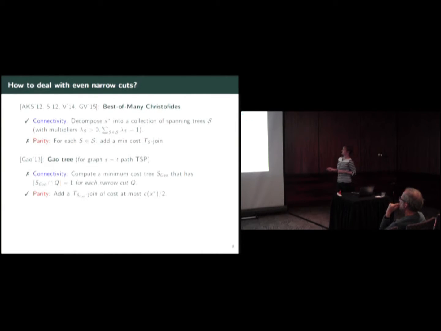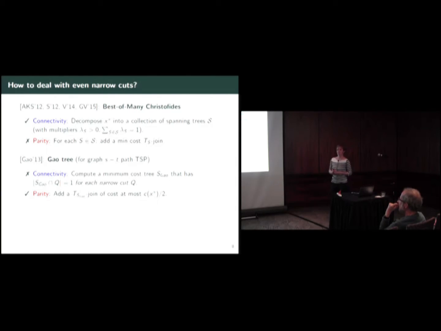And so it's not always a problem that you have a deficit. So they show that then you can correct parity using x star over 2 plus a little bit more. So they don't quite show that this is 1/2 times the optimum, but of course the connectivity still, the cost of that can be bounded by the optimum. So first part works the way we'd like it, second part not quite.